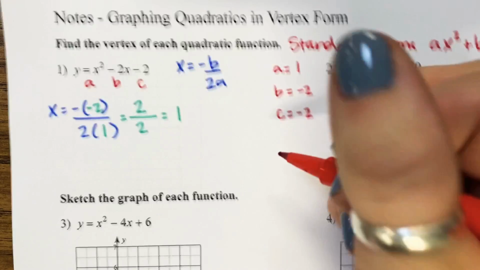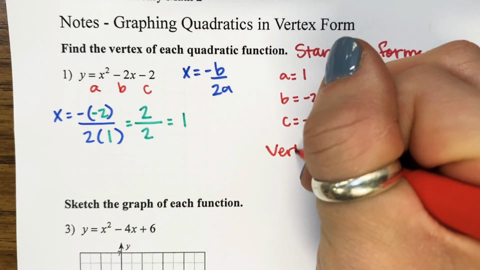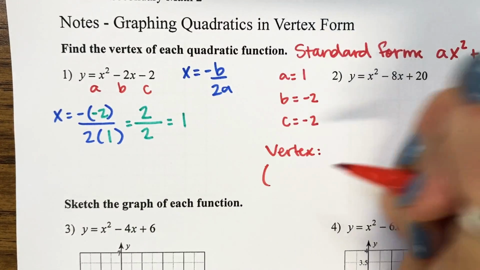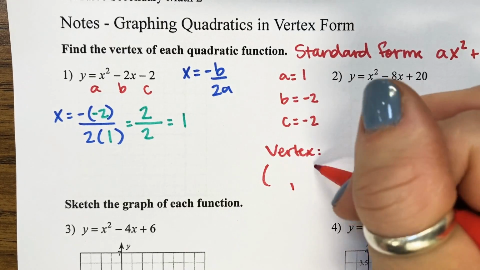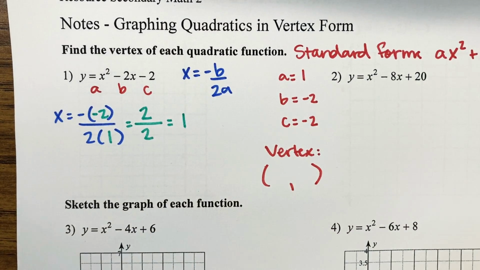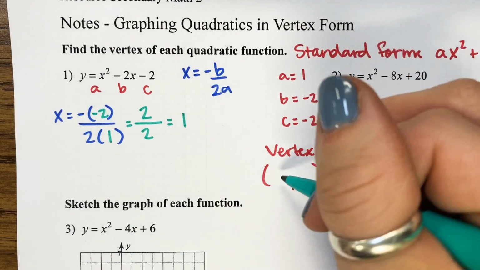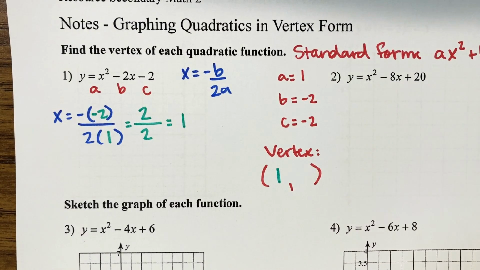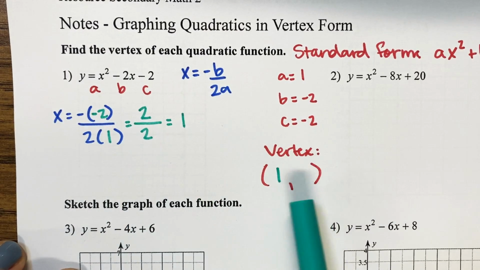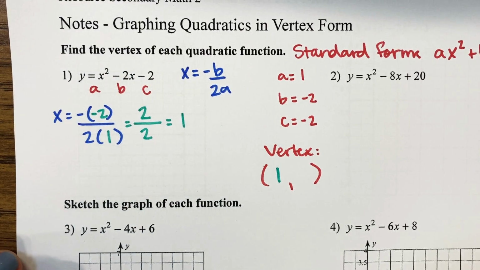So for number 1, we're looking for our vertex. Remember it's always listed as x comma y. Our x part was 1. Now in order to find y, we need to plug that x back into our formula.